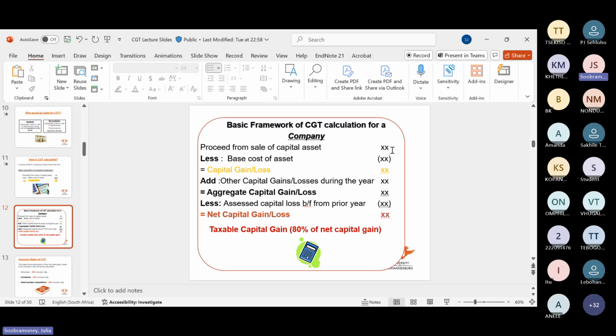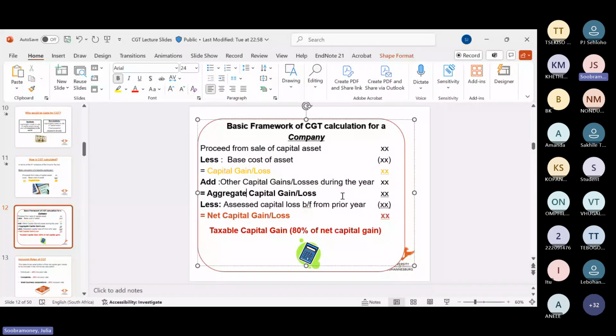So you'll add up all your gains minus all your losses, and you will determine, do you land up on a gain or a loss? Please remember, we must say aggregate. Very important to say the correct terminology and write it down. Less assessed loss brought forward from the previous year to give me a net capital gain or loss. Out of the net capital gain, I'm only going to include 80% in my taxable income column.